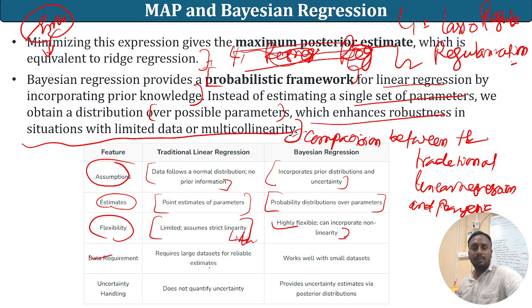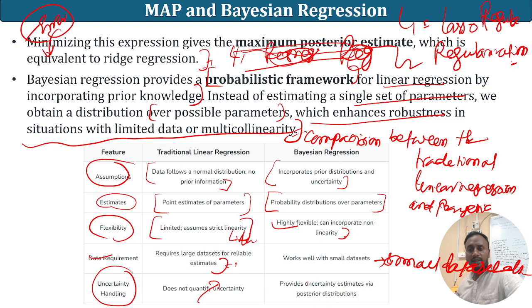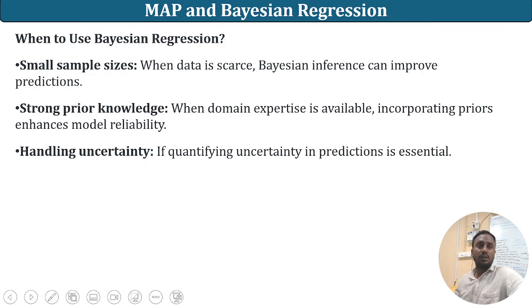Data requirement: a large data set for reliable estimates, but Bayesian can work with small data sets also. Uncertainty handling: the traditional method does not quantify the uncertainty, but Bayesian will give it via posterior distributions.